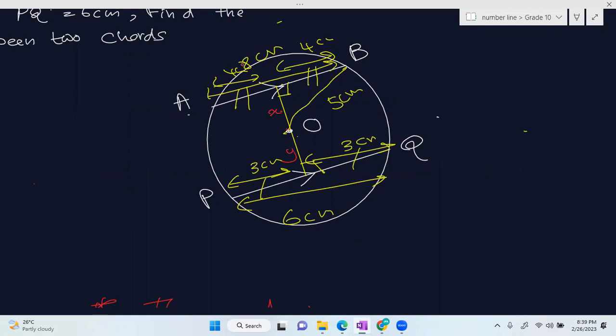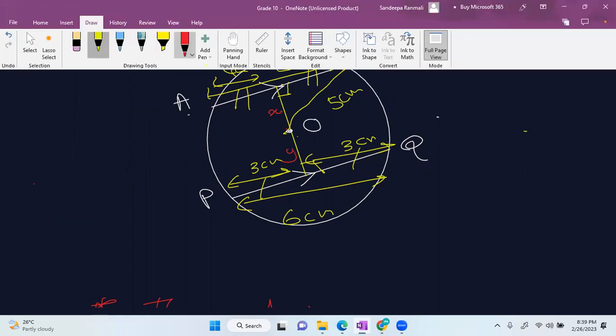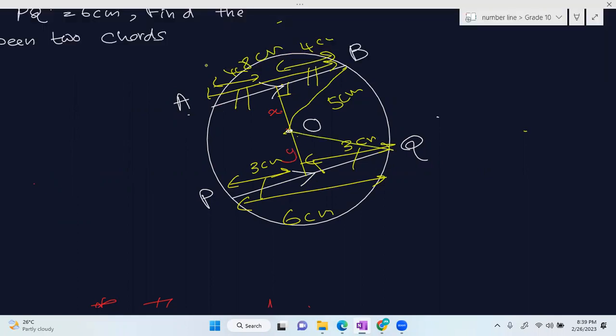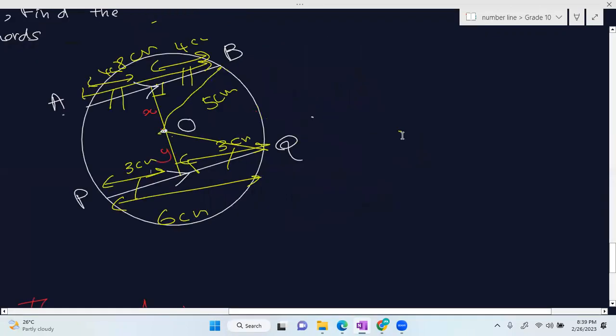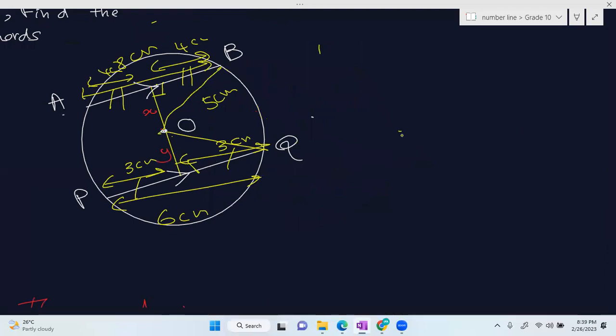So you have to apply Pythagoras theorem two times to the separate triangles, to find x and y separately.